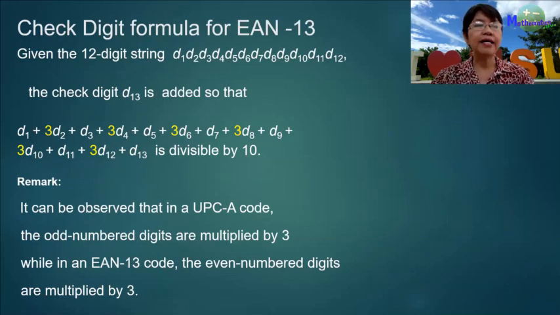We multiply every even-numbered digit like D2, D4, D6, D8, D10, and D12 by 3 and then get the sum of all the digits and be sure it is divisible by 10.